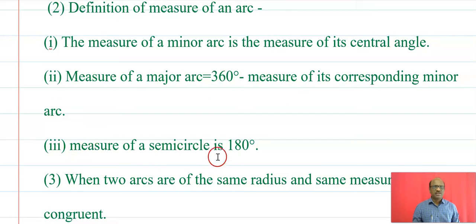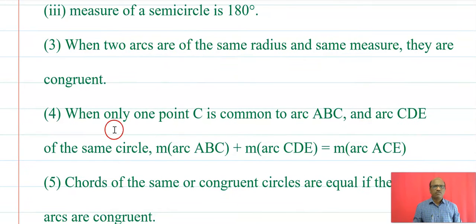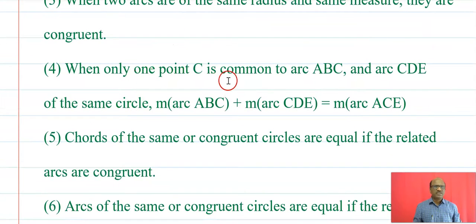The measure of a semicircle is 180. When two arcs have the same radius and the same measure, they are congruent. When only one point C is common to arc ABC and arc CDE of the same circle, the measure of arc ABC plus the measure of arc CDE equals the measure of arc ACE.